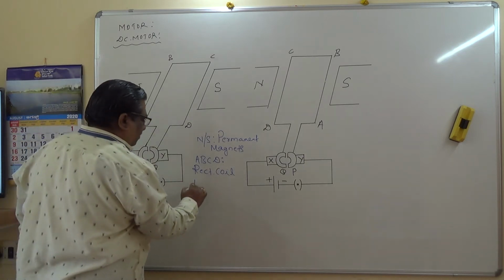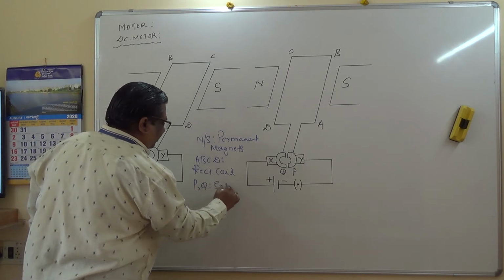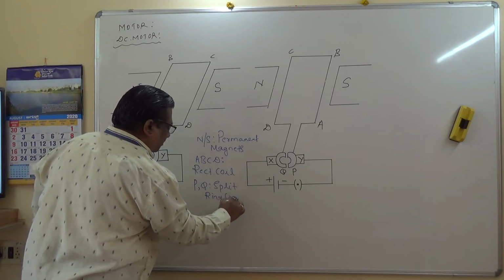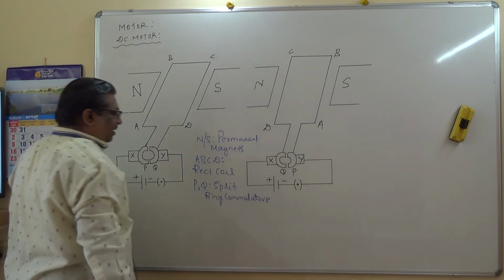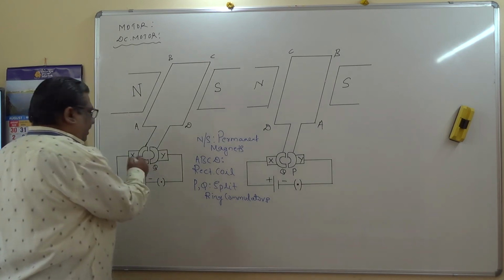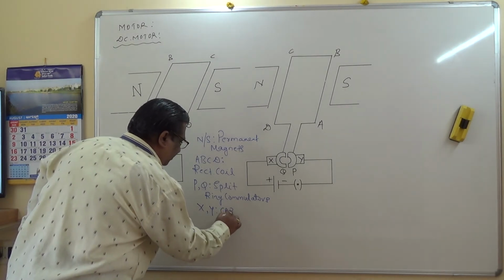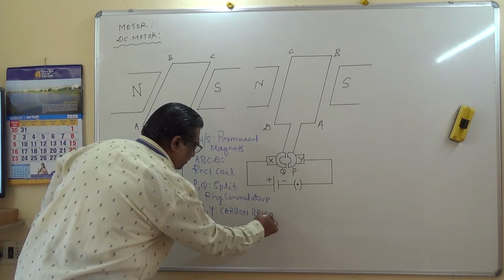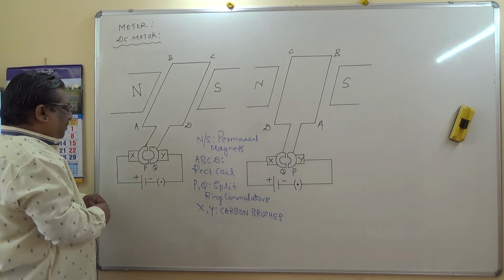P and Q are split ring commutators. These are called split ring commutators. And X and Y are carbon brushes, which are conductors. These are the main components.